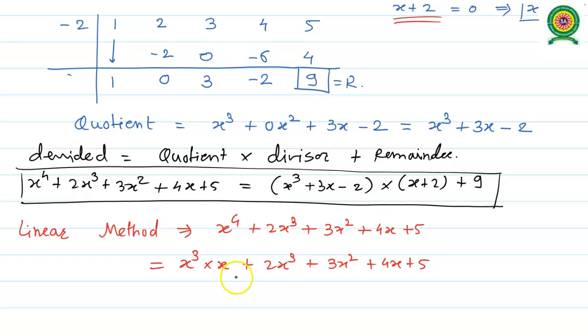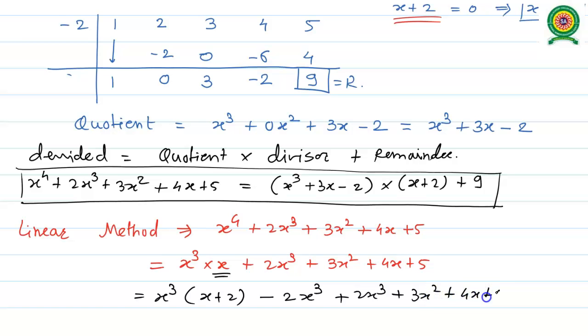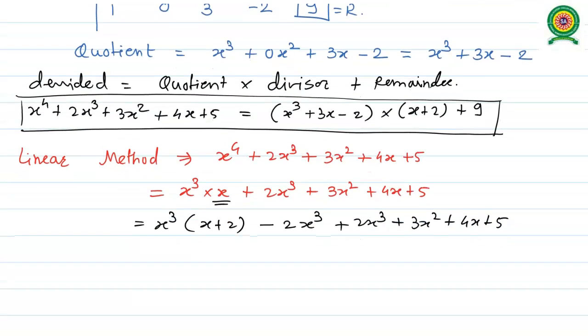Now we can replace this x by x plus 2, so we get x cube into x plus 2. Once we distribute this x cube over the bracket, we get x raised to 4 plus 2x cube. To cancel out the 2x cube, we write minus 2x cube and plus 2x cube, plus 3x square plus 4x plus 5 as it is. Once we simplify this step, we will get the previous step.